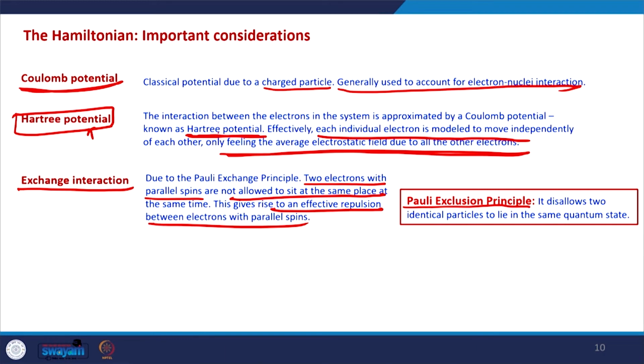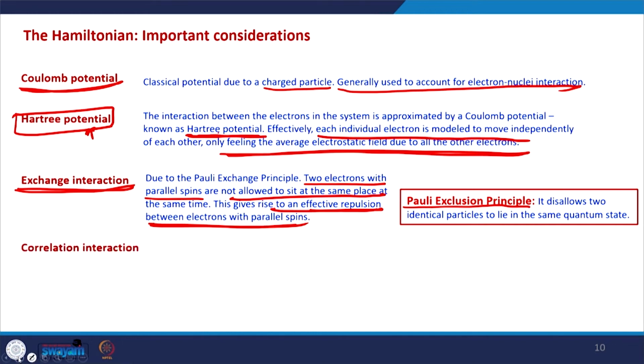So effectively it can be termed an effective repulsion between identical spin electrons, also known as the exchange interaction. Please remember that it is different from the Coulomb interaction, different from this electrostatic interaction. Its origin is in the spins, or Pauli's exclusion principle.